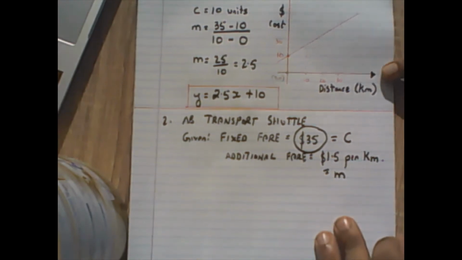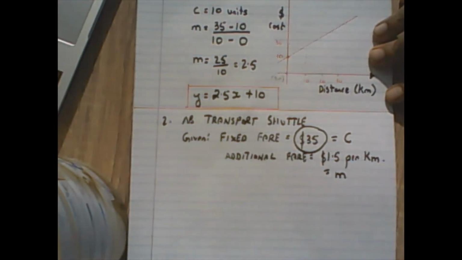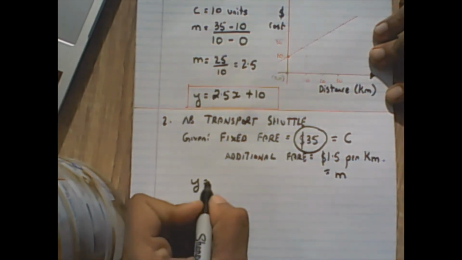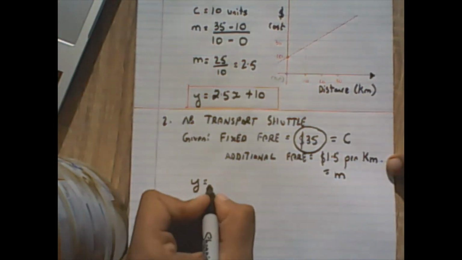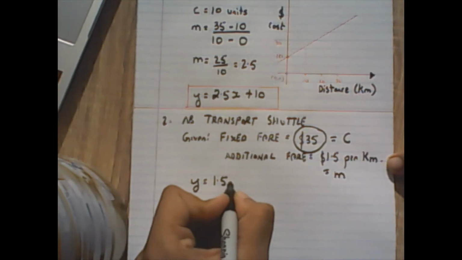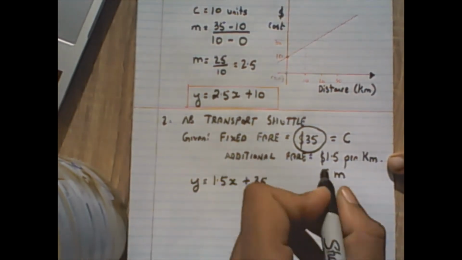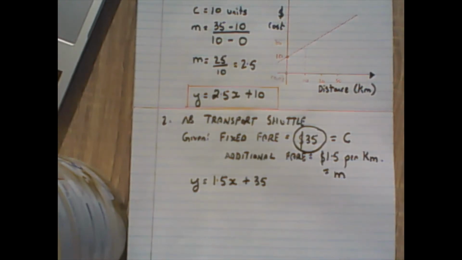So he's given you all the information upfront. Using these two pieces of information, I can quickly grab the equation, which is y equals mx plus c, where m is 1.5, so 1.5x, plus my c is $35. So this becomes the second equation that's being offered by AB Transport.